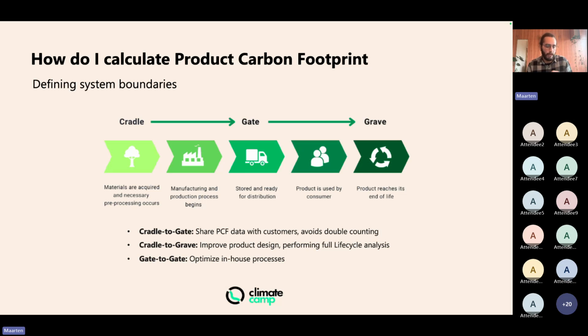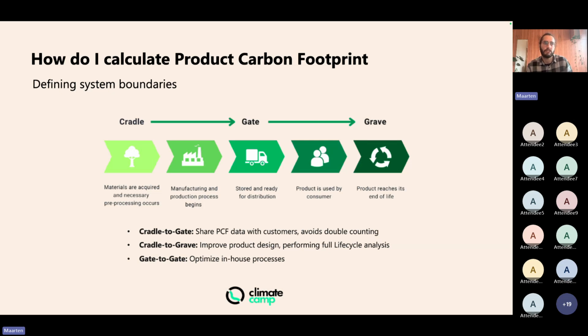Now, the two main system boundaries we come across are cradle to gate and cradle to grave. Why these two? Cradle to gate is often used to share PCF data with your customers. Why? Because you avoid double counting. If I calculate a PCF and my customer calculates a PCF and we do cradle to grave, we will start double counting steps of the production process.